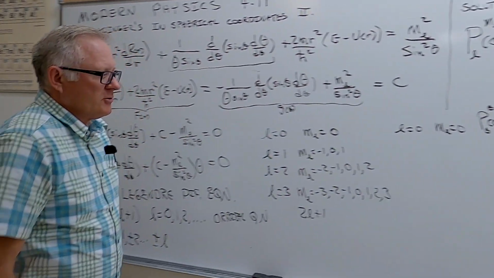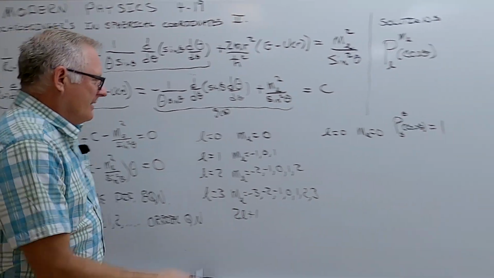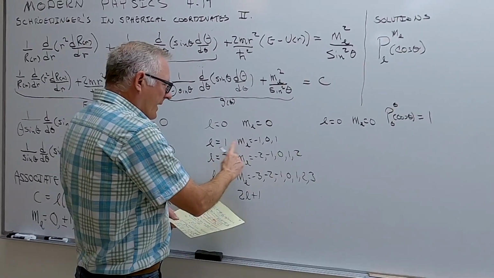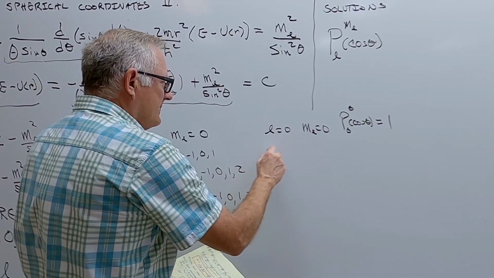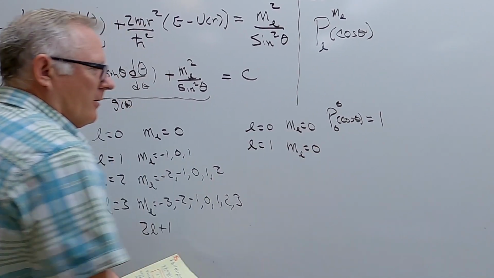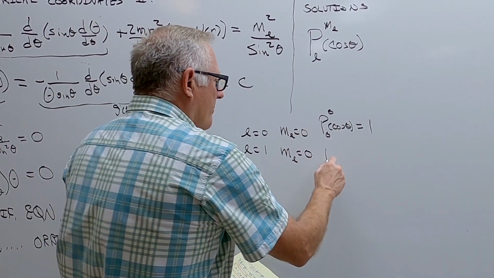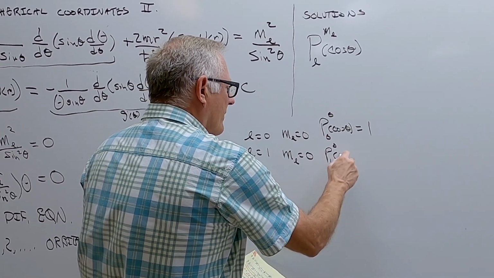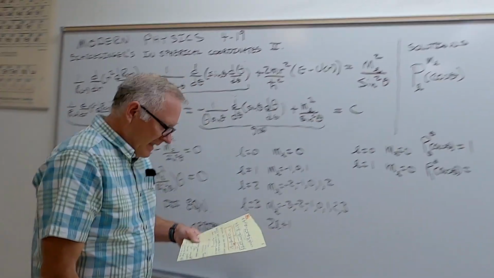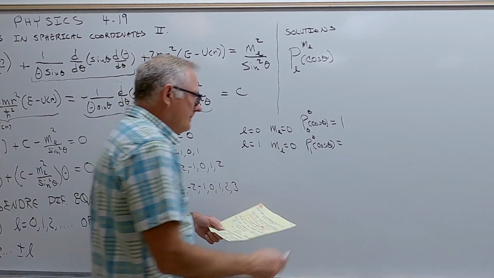The next one, let's say L is equal to 1, m sub l equals 0. That means we would have P 1,0 of cosine theta, and that's just cosine theta.